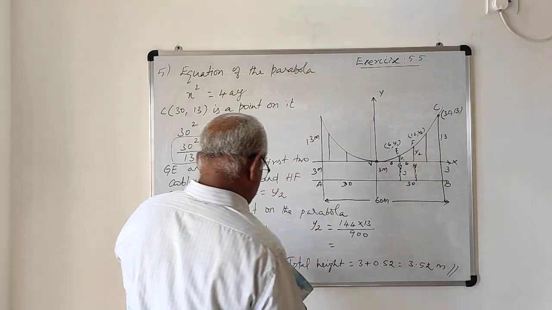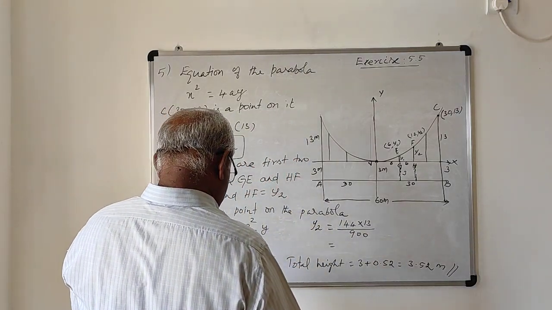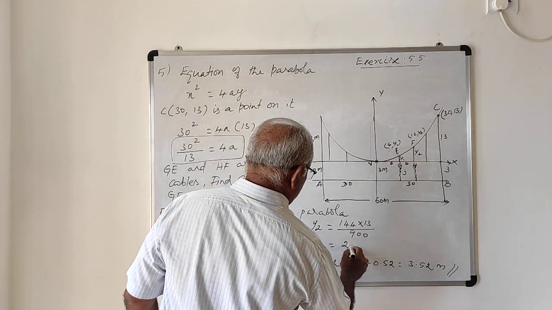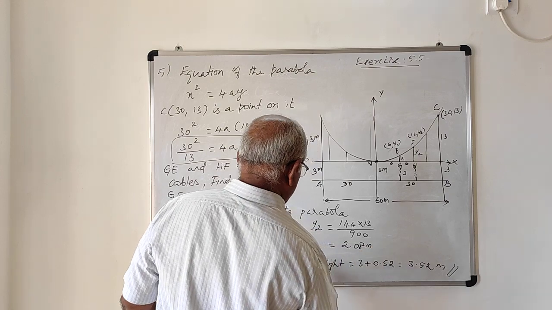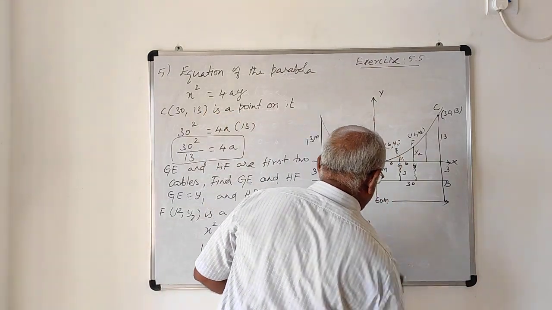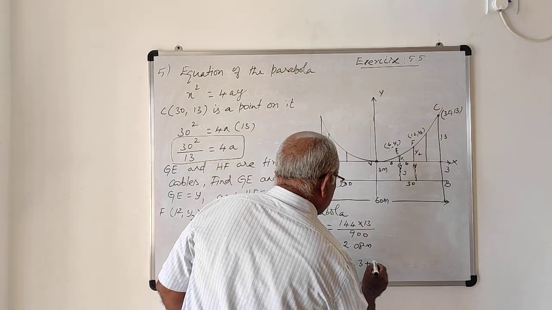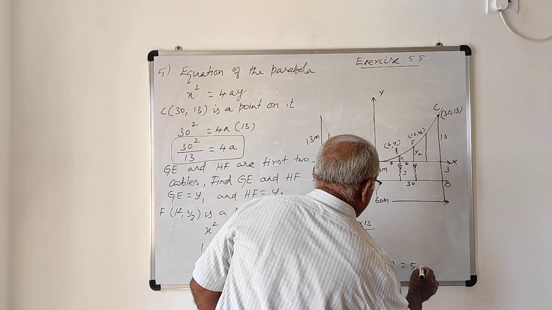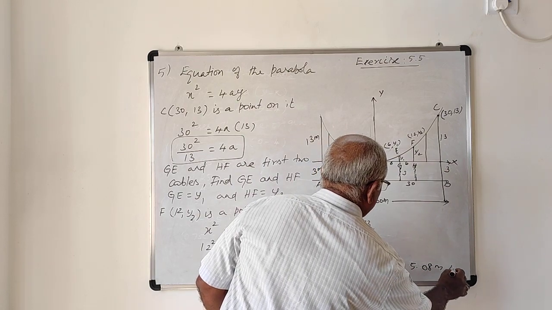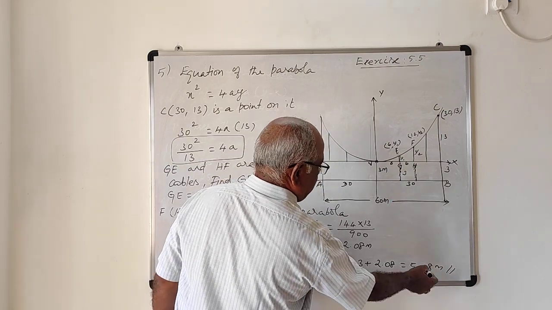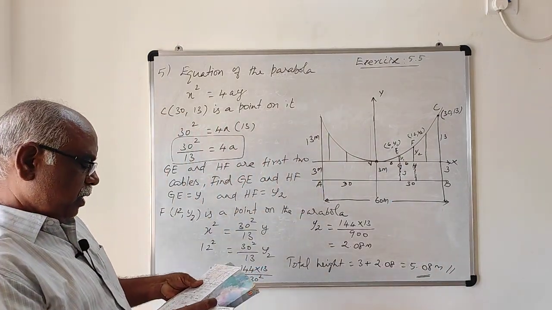Simplifying, you get 2.08 meters. Therefore, the total height of the next cable is 3 plus 2.08, that is 5.08 meters. The height of the second cable is 5.08 meters.